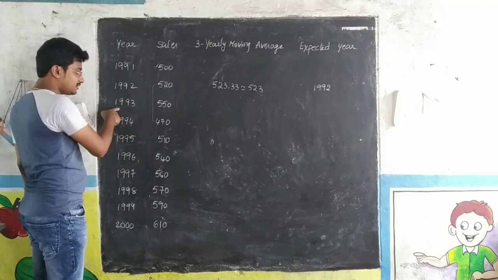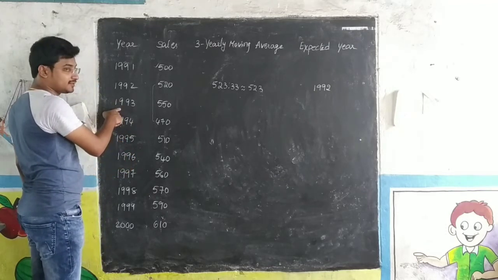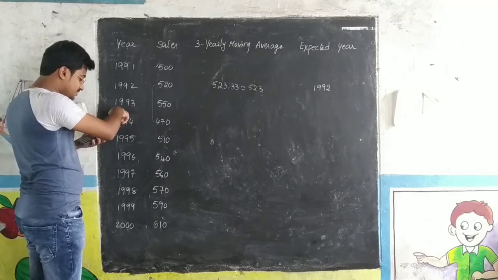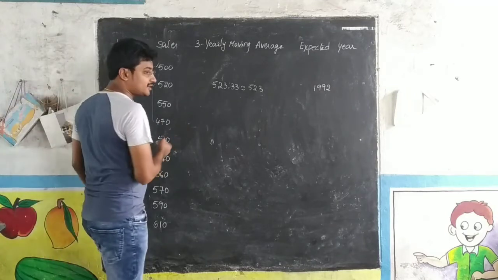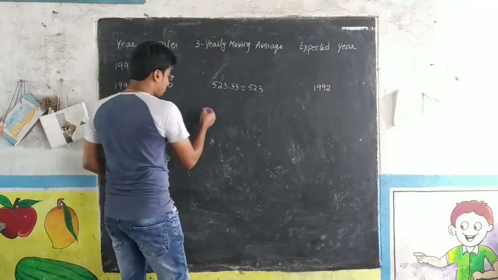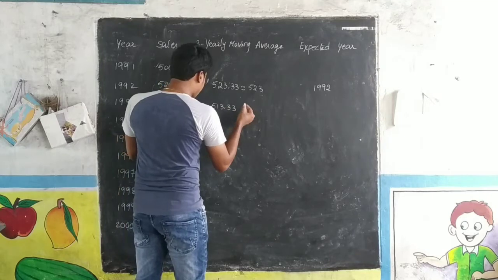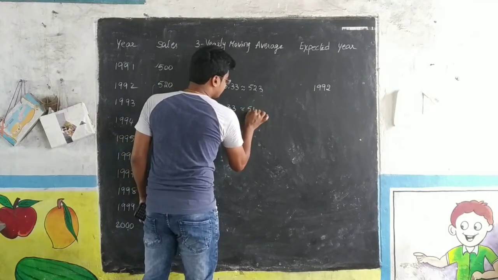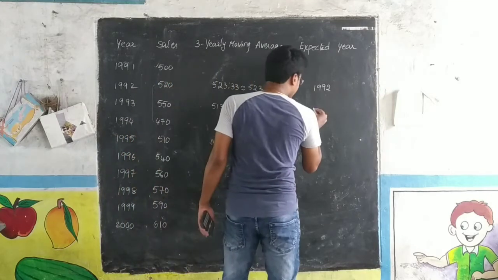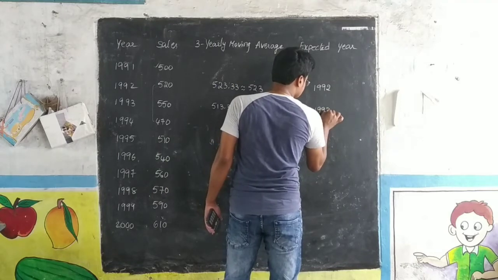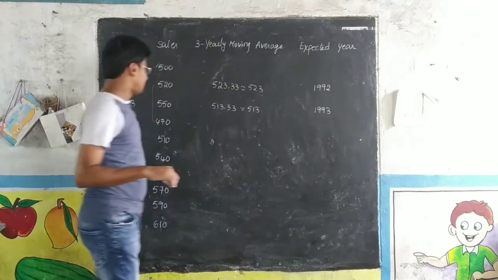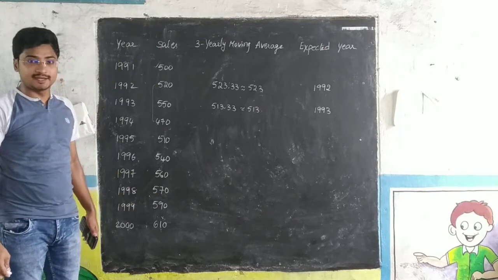The middle year is 1993. Place 513.33, approximately 513, at the middle year. The expected year is 1993.